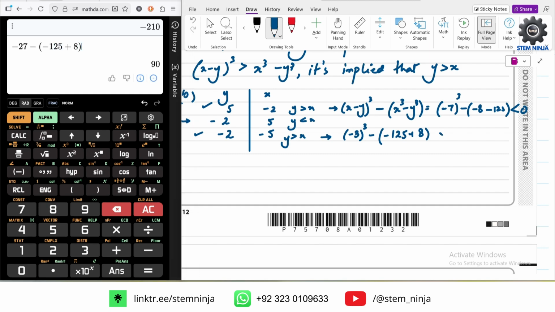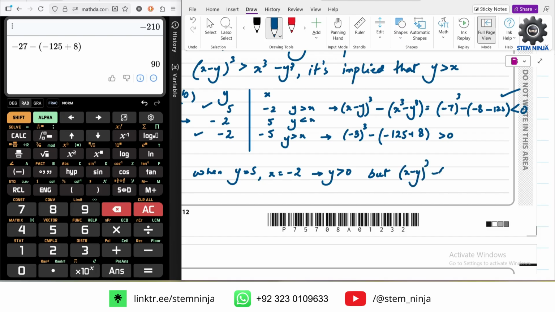This is greater than 0. So although this is fine, we only need one example. So when y is equal to 5, x is greater than -2, y is greater than 0, but x minus y cubed minus x cubed minus y cubed, either you can say this is less than 0, or you can say that this x minus y cubed is less than the x cubed minus y cubed.